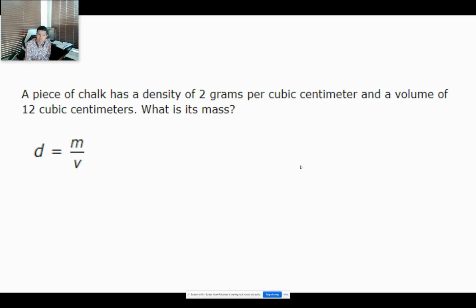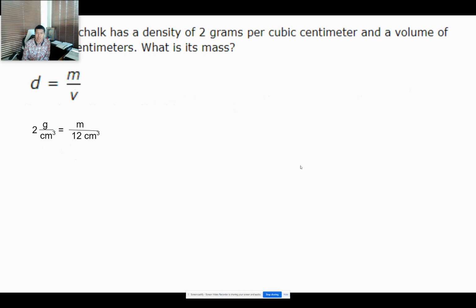So we will replace that D in the left side of the equation. And then we have the volume, the denominator, into the right side of the equation, 12 cubic centimeters. And what is not there? What is unknown? The mass or the m, and that would stay there in the formula or in the equation.